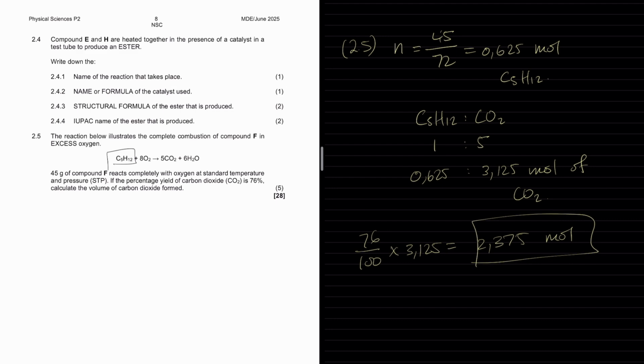So we only have this amount of moles of CO2. Now from here, we can get the volume. Volume is equal to number of moles times molar volume, since this is at STP. So 2.375 multiplied by 22.4, and that's equal to 53.2 dm cubed of CO2.